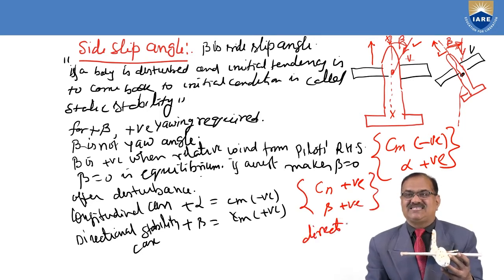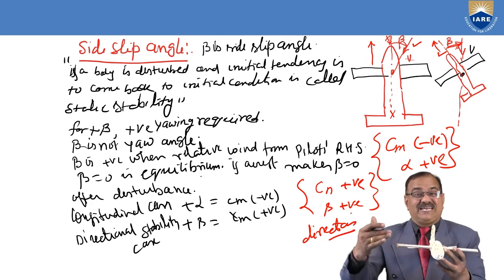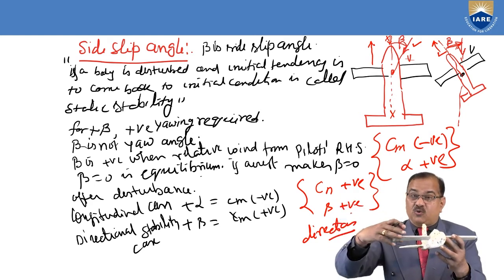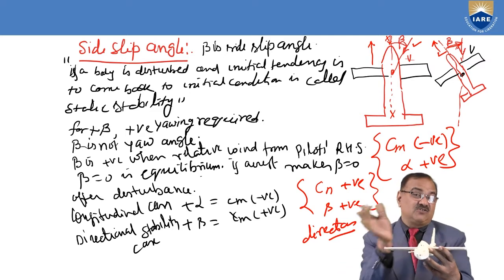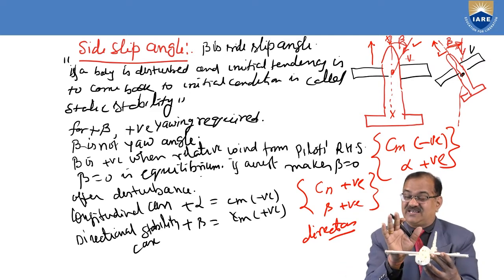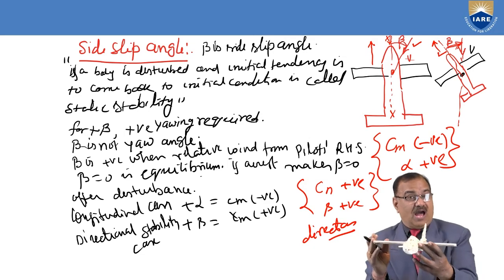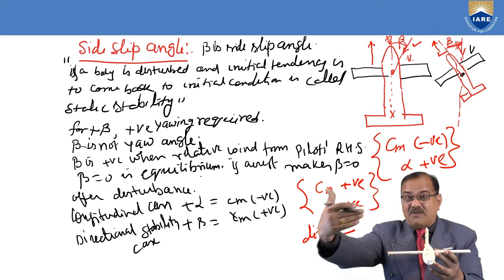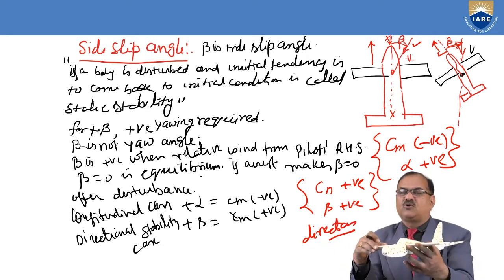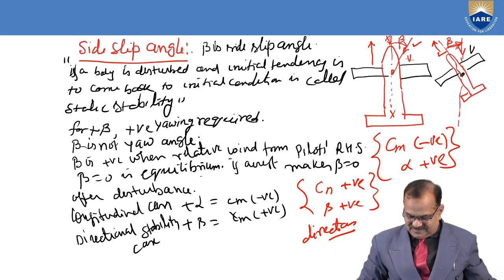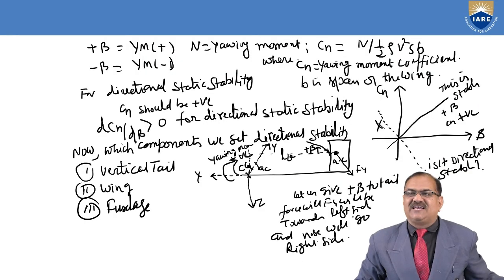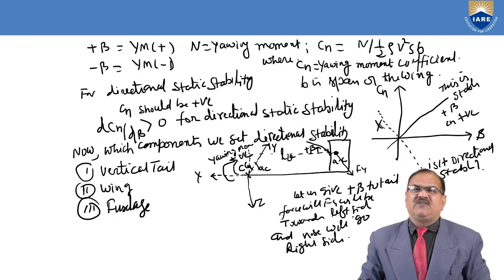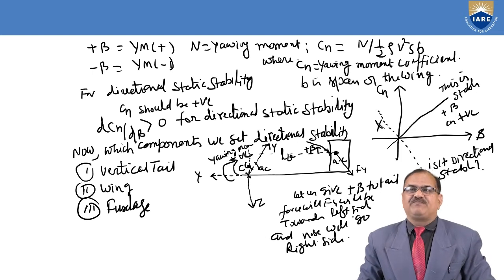In the directional case, when we have a positive beta, your nose should go towards the beta, not reverse. In the longitudinal case, it should go opposite to the alpha, but here it is not. If you are making a beta and your nose goes towards the beta, then we can say that the aircraft is directionally stable. So for positive beta, the yawing moment is positive.